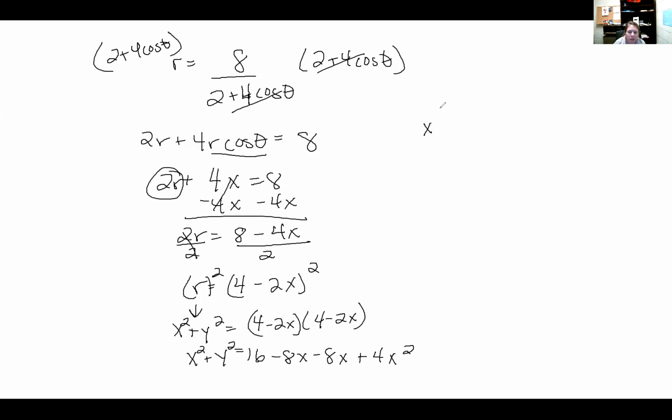And then now let's take a look. x squared plus y squared equals 16 minus, that's going to be what? Minus 8x minus 8x is going to be 16x. All right, so I want to move everything over. So minus 4x squared.